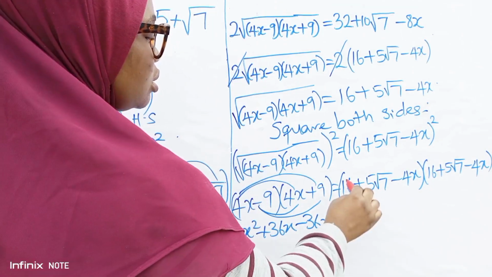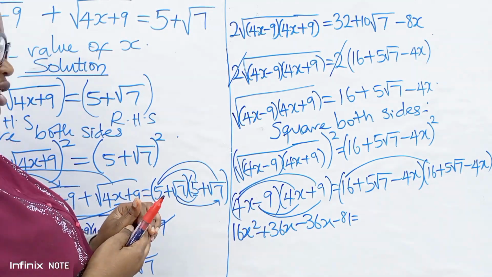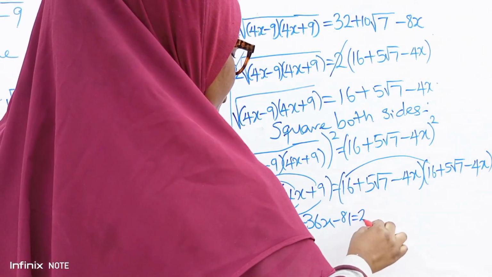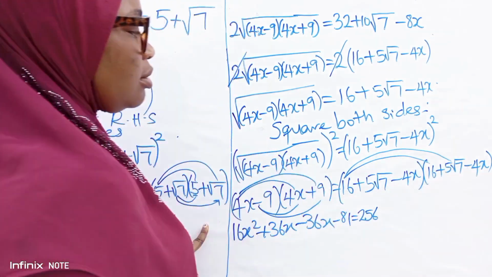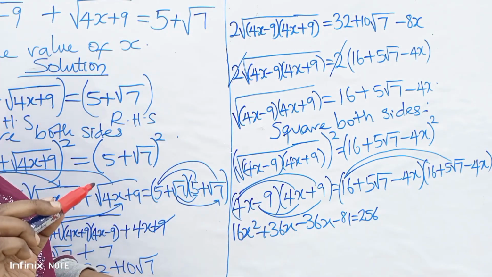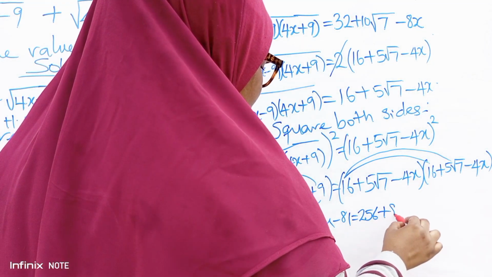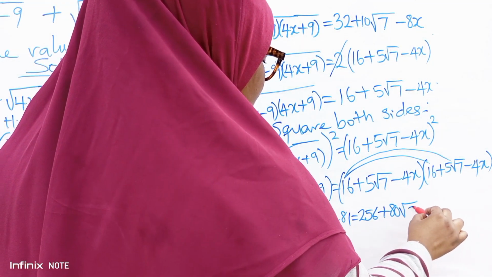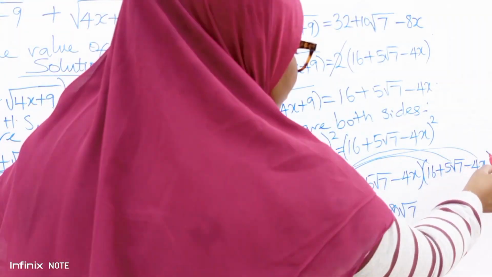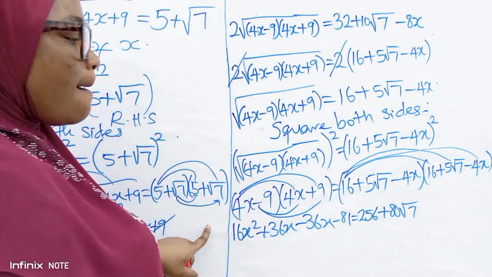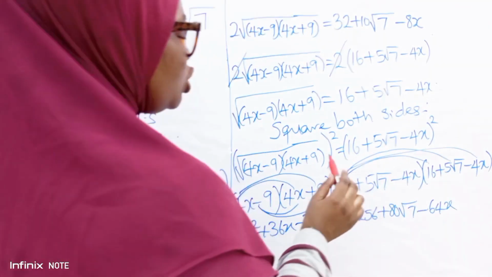So this is equal to 16 multiplied by 16 is what? 256. 16 multiplied by plus 5 root 7 is what? Plus 80 root 7. 16 multiplied by minus 4x will be what? Minus 64x. So I'm done with 16.